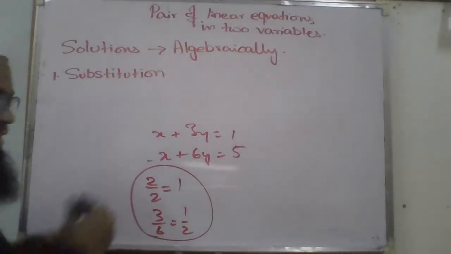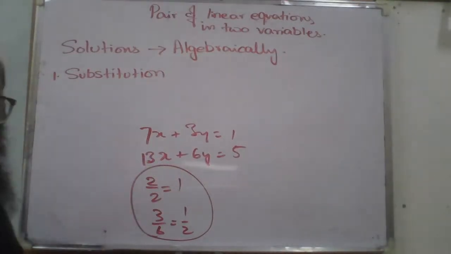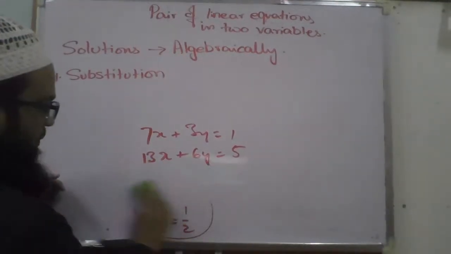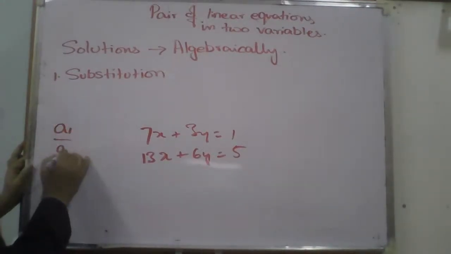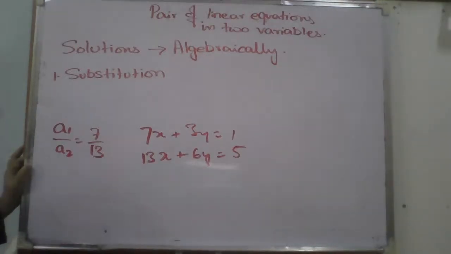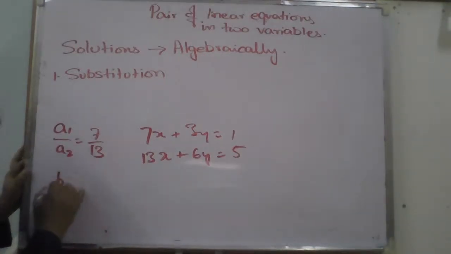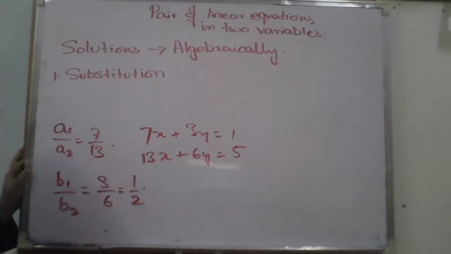So instead of that, let us take 7x and 13x. So what is a1 by a2? A1 by a2 is equal to 7 by 13. So you can't do anything with this. But b1 by b2, let us say 3 by 6, is equal to 1 by 2. So are these two equal? 7 by 13 and 1 by 2.